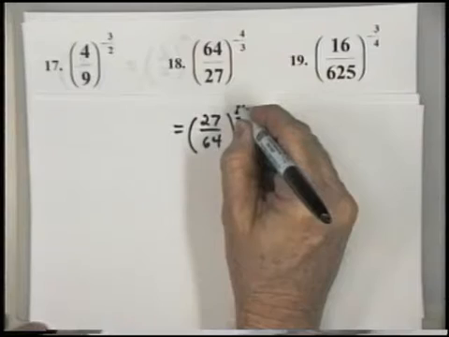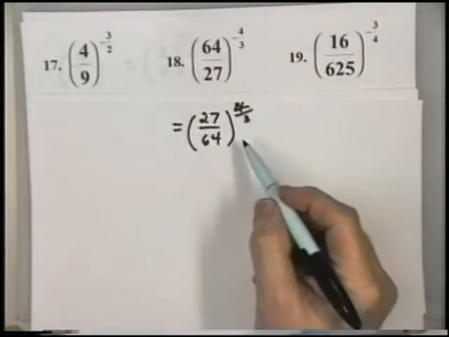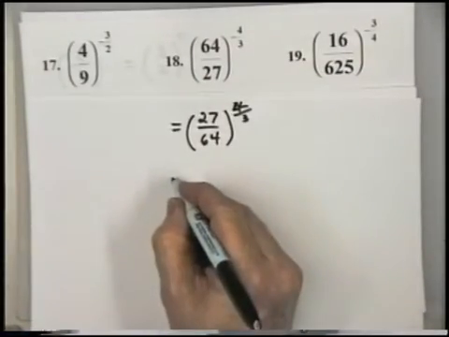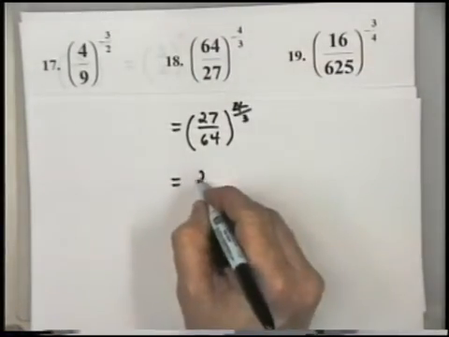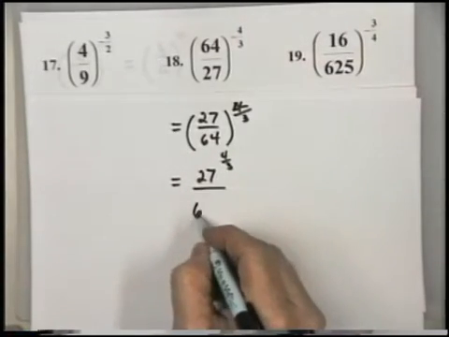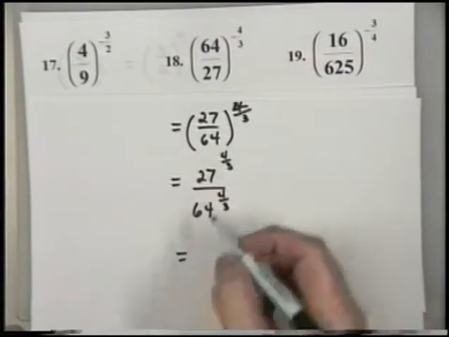And so that'd be a positive 4/3. Positive 4/3. And now we do the same thing we did before, use the laws of exponents. That's 27 to the 4/3 over 64 to the 4/3.